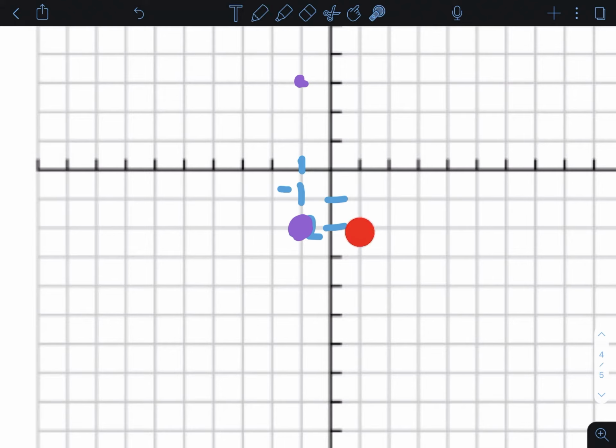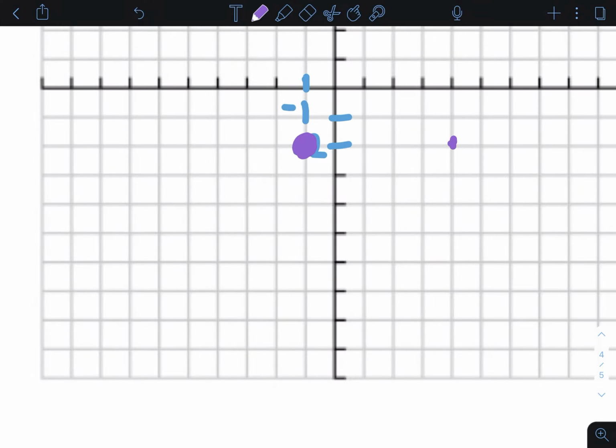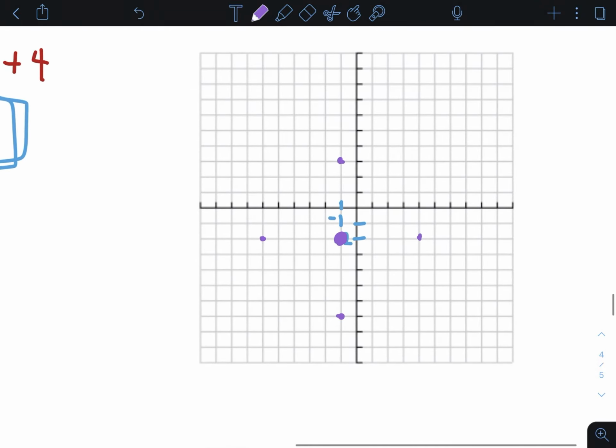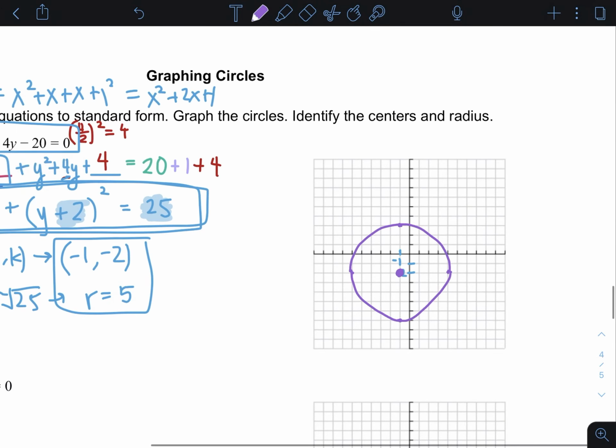There's going to be my next point, and the next one, and the next one. And there we go. That's the easiest way to do it, because we know the radius is 5, and then we just connect the dots to get our lovely circle, or as lovely a circle as you can possibly get.